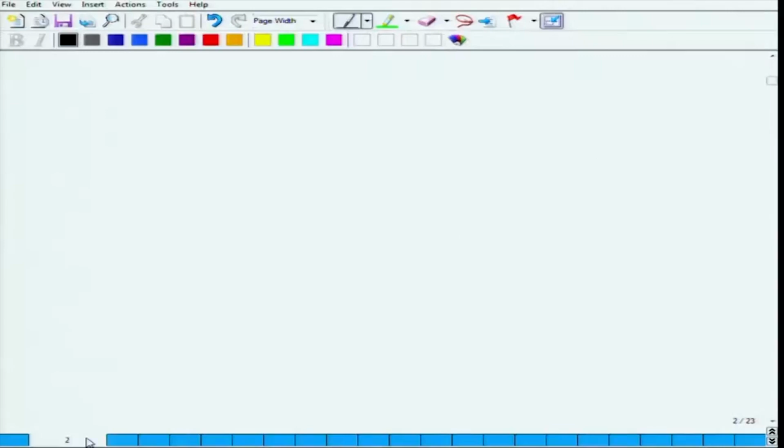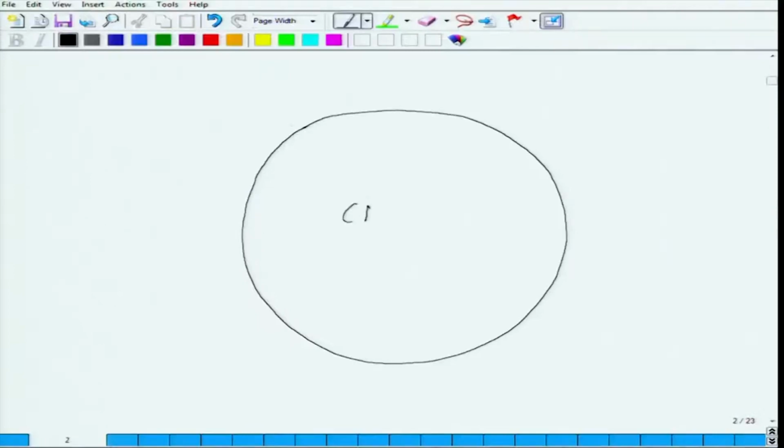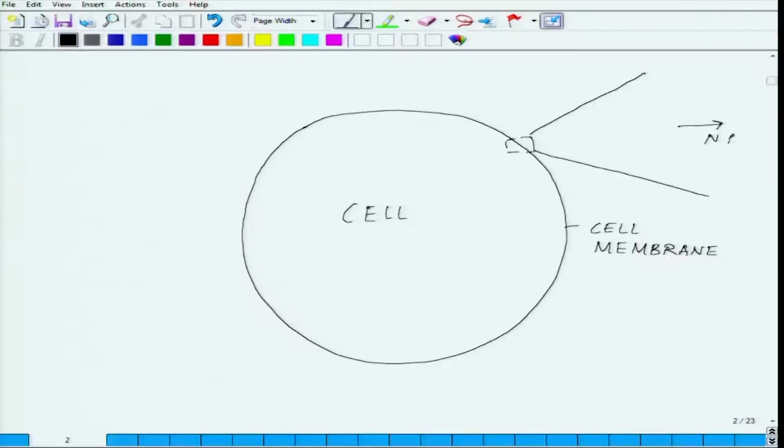If you look at the basic structure, if this is your cell, this is any kind of cell; it could be a neuron, it could be a muscle or whatsoever. If I take a cross section of this and blow it up, this is basically your cell membrane or plasma membrane, sometimes also called the plasma membrane. So, we go to the next page.